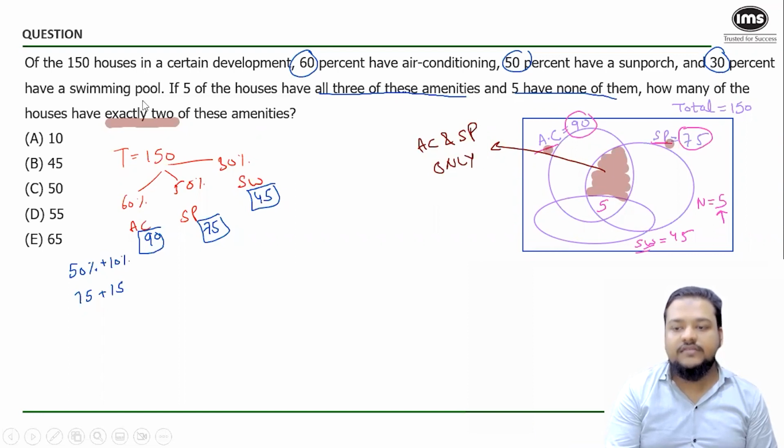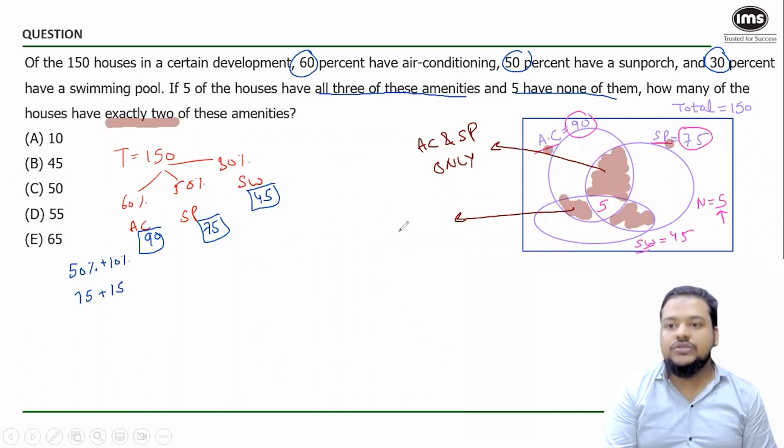Similarly, the houses lying here have air conditioning and swimming pool only, and these are the houses that have sun porch and swimming pool only.